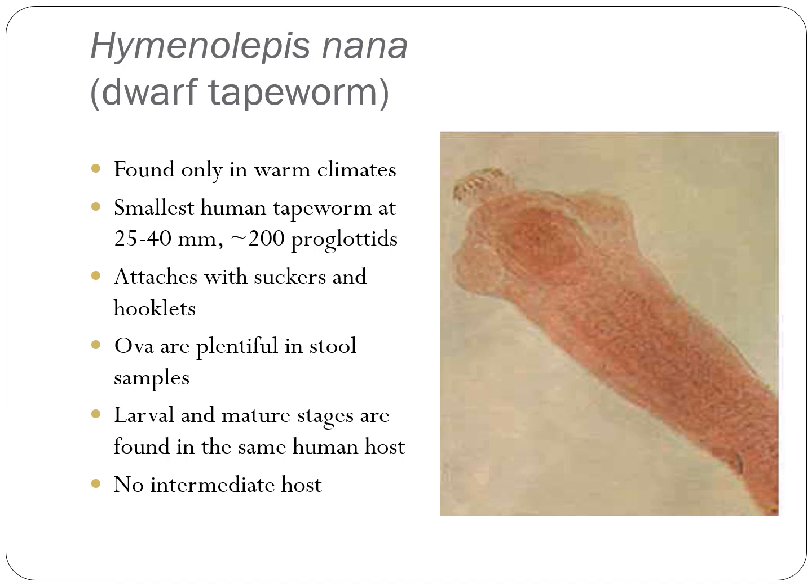The ova are plentiful in stool samples. They have fragile terminal gravid proglottids that detach easily and spill the ova into the feces. The larval and mature stages are found in the same human host, and there is no intermediate host. This is actually transmitted from human to human. So let's take a look at the ova and the life cycle in the next slide.